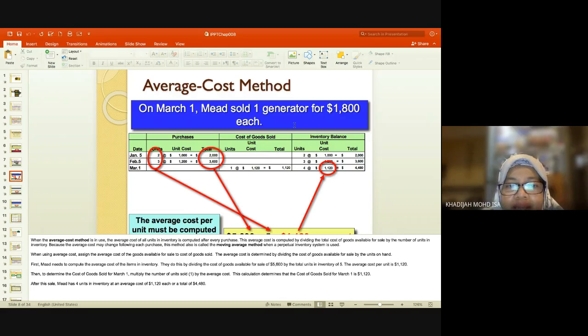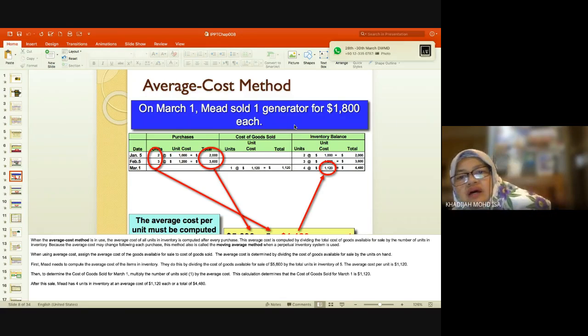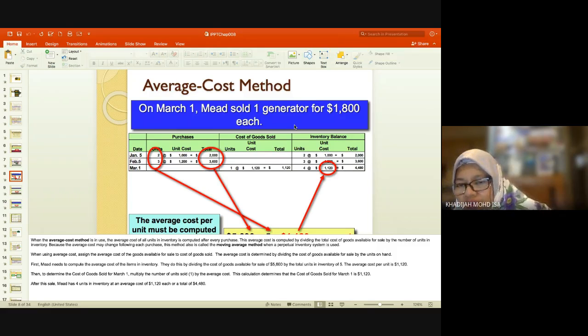So let's say the example here, you have January 5th balance is 2 at 1,000. And then February 5th, you have 3 at 1,200. So on February 5th, you actually have 2 units at 1,000 and 3 units at 1,200.